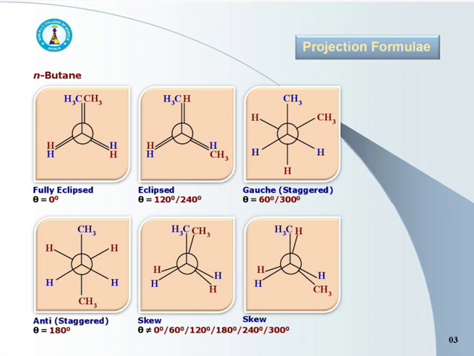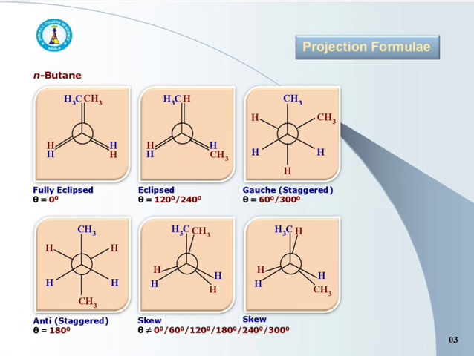But in first conformation, CH3 groups are very close to each other, and hence it is specially called fully eclipse conformation.